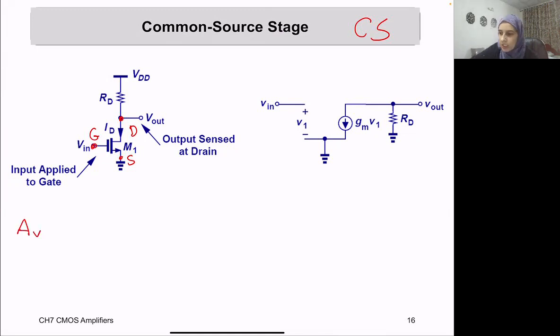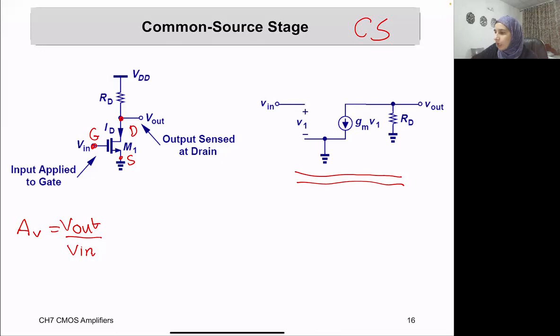AV is basically Vout divided by Vin. The way that we can derive this gain is from drawing the small signal model. Again, since we are doing the gain here, we will deal with the small signal model. We already know that this amplifier is going to be saturated by setting correct values of VGS and VDS.